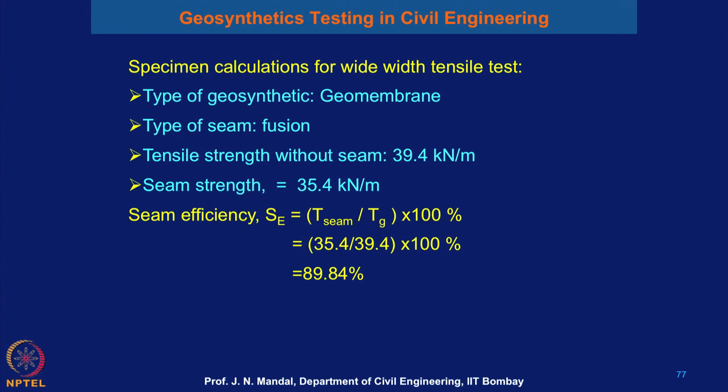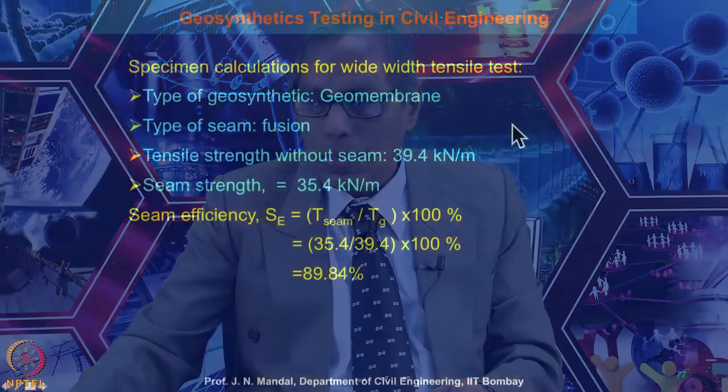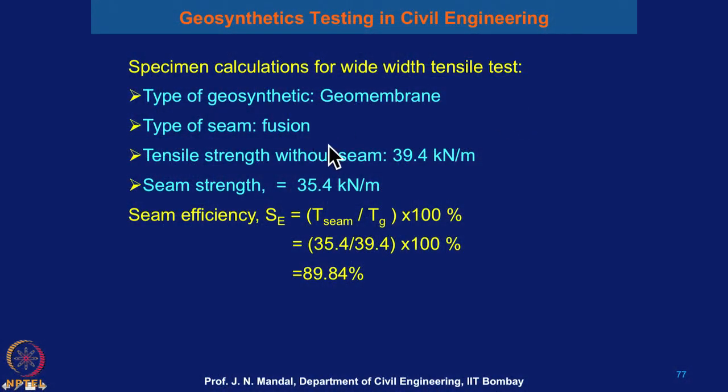Now, a specimen calculation. Let us take the type of the material, it may be geotextile or the geomembrane material, and the type of the seam may be fusion. The tensile strength without seam is 39.4 kilonewton per meter, and with seam the strength is 35.4 kilonewton per meter. So, you can determine what is the seam efficiency. Seam efficiency AC is equal to T seam divided by Tg into 100, that means 35.4 divided by 39.4 into 100.